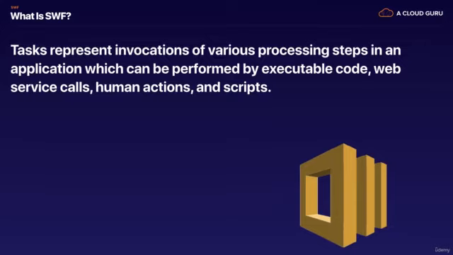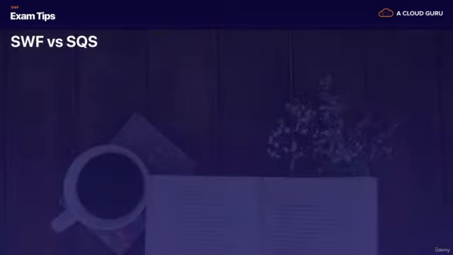If it involves any kind of human interaction or manual process, then you're going to be using SWF. And that's all you really need to know about SWF for the exam. I've taken a couple of exams recently and I haven't seen it on there, but it has been on there quite heavily in the last 3 or 4 years. So it may still be an exam topic, it may not. Just remember that you need to know the difference between SWF and SQS.